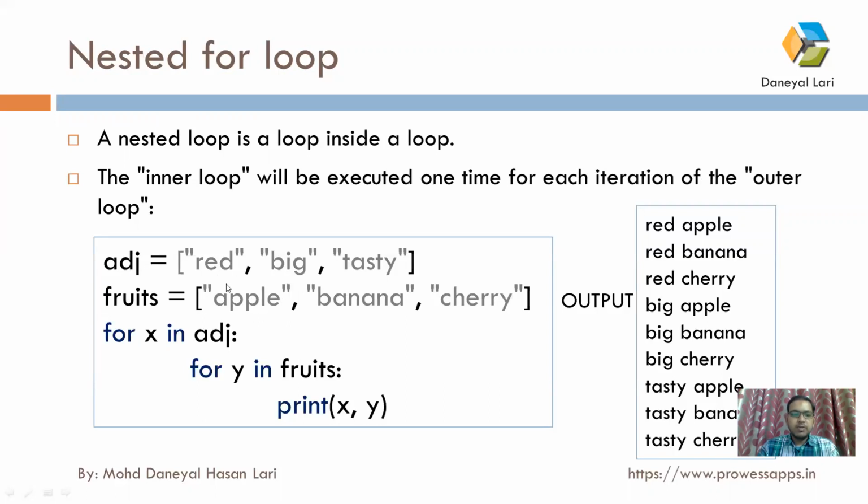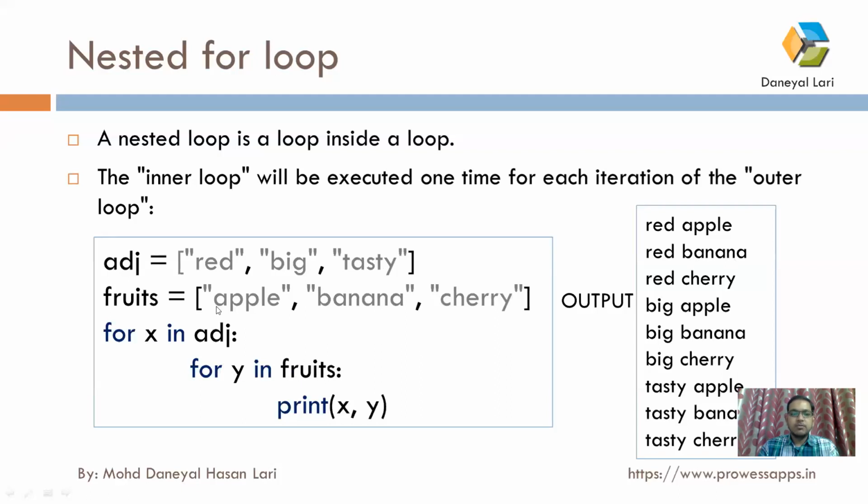So for every value of this outer loop, the inner loop will execute till all the elements are fetched. Okay, so just look at the output here. When the first element is fetched, that is red, x will have the red value, then it will enter into the nested loop, then it will fetch the values from the fruits.